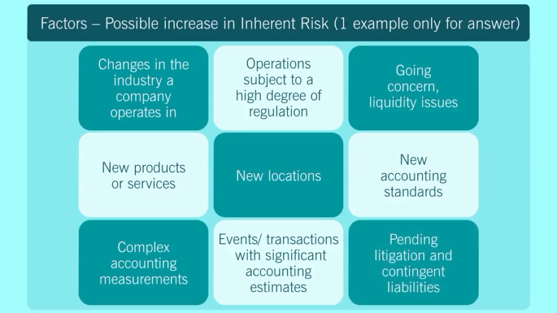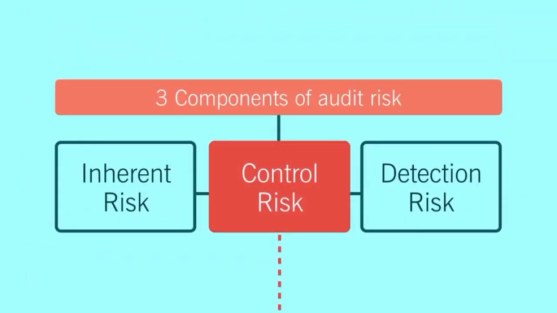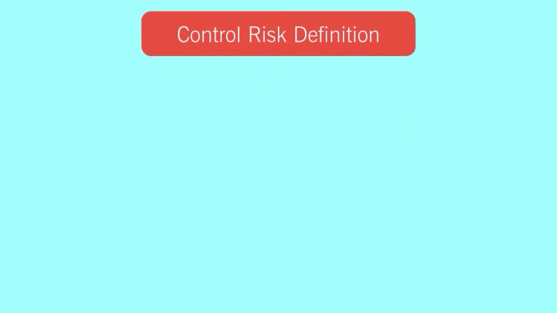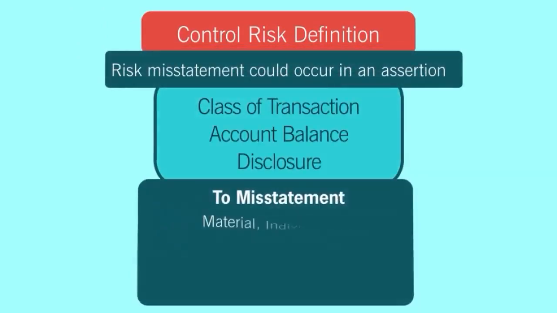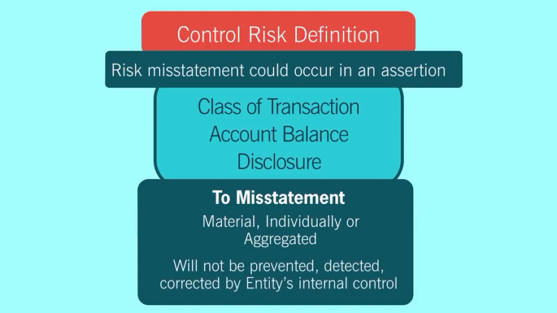Looking at control risk, this is defined in a similar way to inherent risk, with the difference being that any misstatements will not be prevented or detected and corrected by an entity's inherent controls.